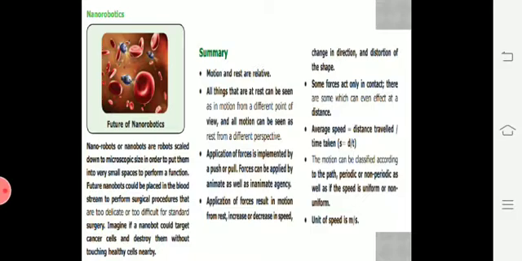Suppose there is a cancer, these nanorobots can target the cancer cell and destroy it without touching any nearby healthy cells. So these are some of the advantages of nanorobots.